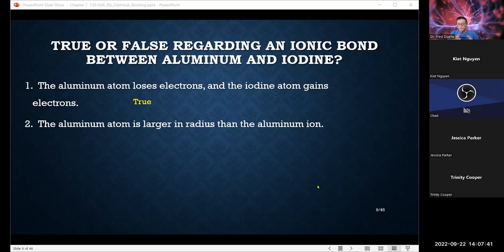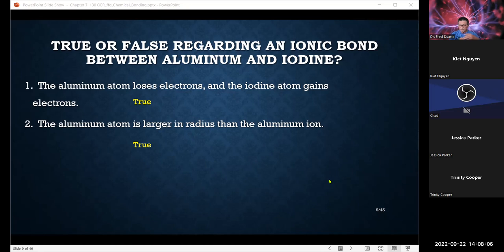Okay, now think about this one. The aluminum atom is larger in radius than the aluminum ion. That would be true, okay, because the aluminum lost the electrons in the outermost shell. And now the next shell in is the one with the octet.